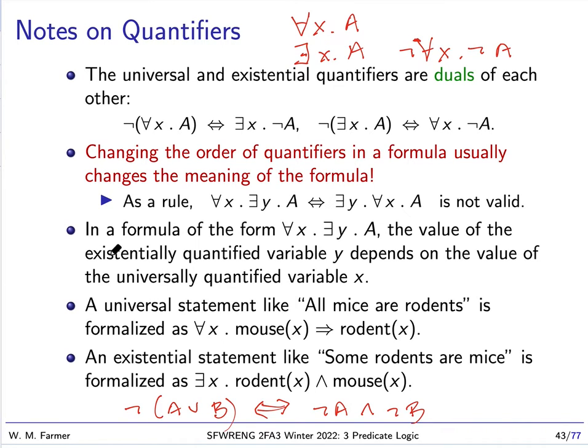Now, in a formula of this form, for all x there exists y A, the value of the existentially quantified variable depends on the value of the universally quantified variable. So this says, for all x there exists a y such that these x and y satisfy A. But for different x's, I may need to get different y's.